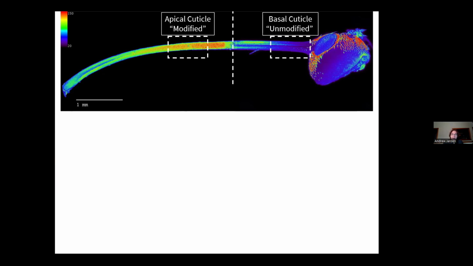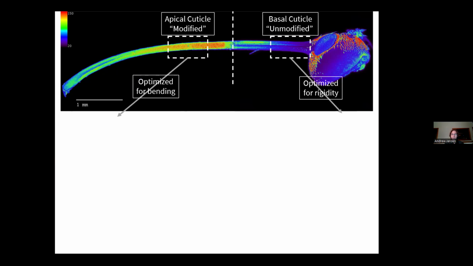But I did it, and I did some confocal microscopy on this to see if there were any differences in the composition of the cuticle in the tip versus in the back of the head. And what I found out was that in the apical portion of the rostrum, so that's on the left-hand side here, there is a much thicker endocuticle than in the right-hand side.